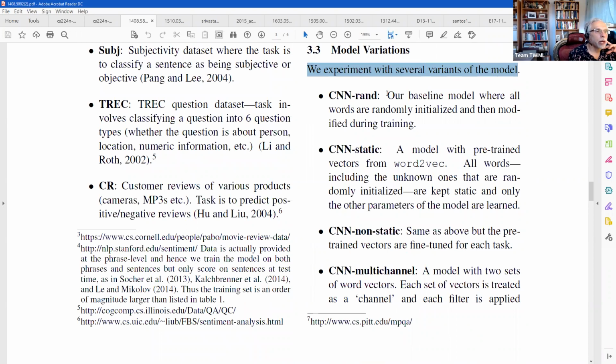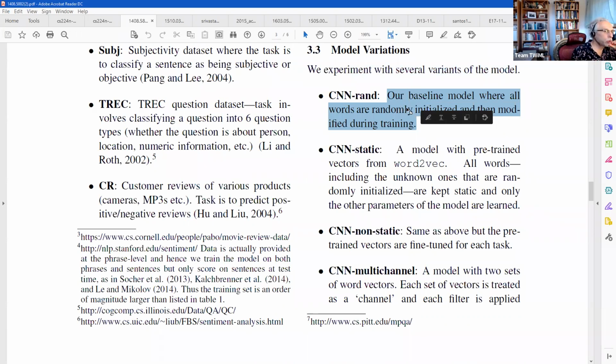CNN-rand, the baseline model, where all the words are randomly initialized and then modified during training. So this is where he doesn't use word2vec. He just solves for all the embeddings by randomly initializing them to vectors of length 300, and then running them through the neural network and solving for them through backpropagation.